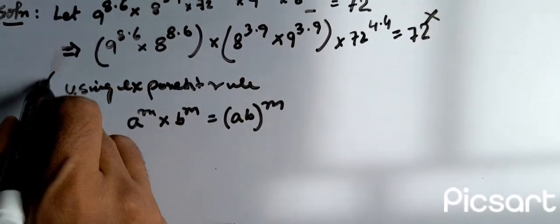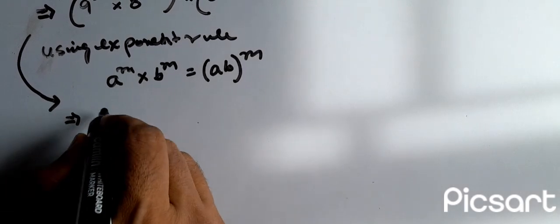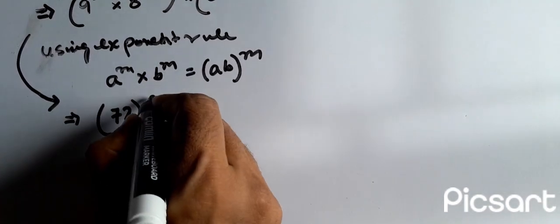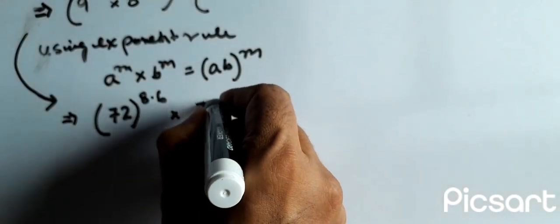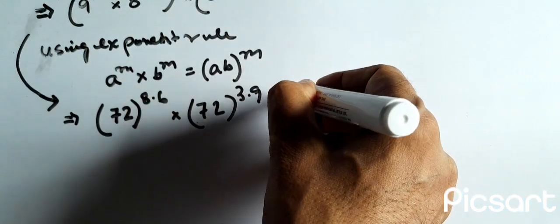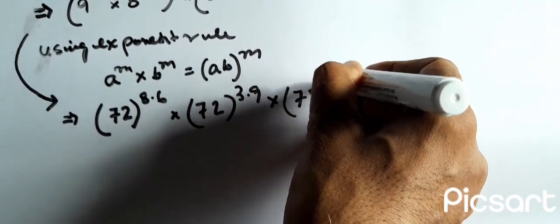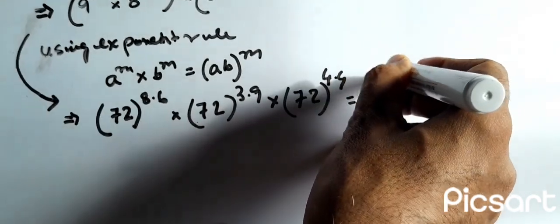So in the same way, we can write this as 72 to the power 8.6 into 72 to the power 3.9 into 72 to the power 4.4. This is equal to 72 to the power x.